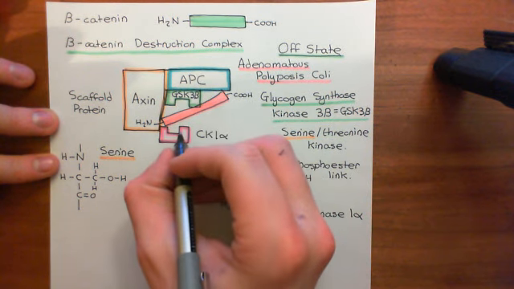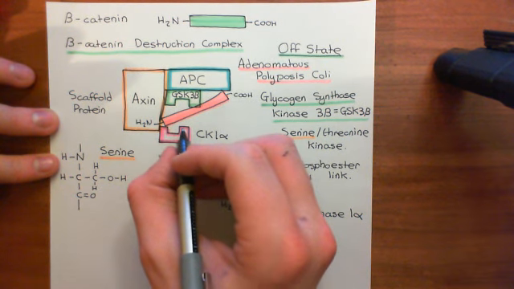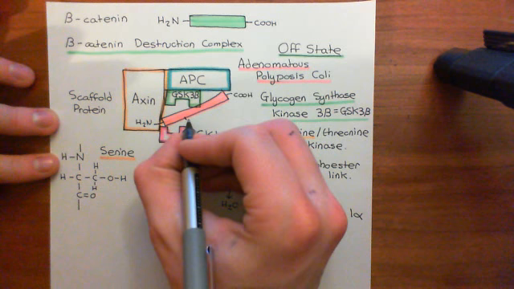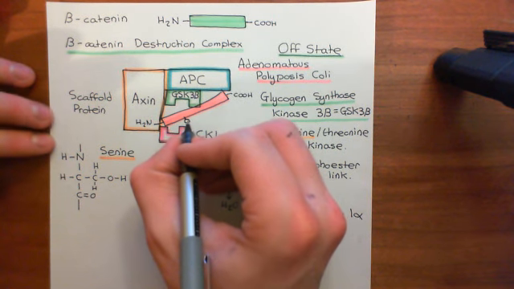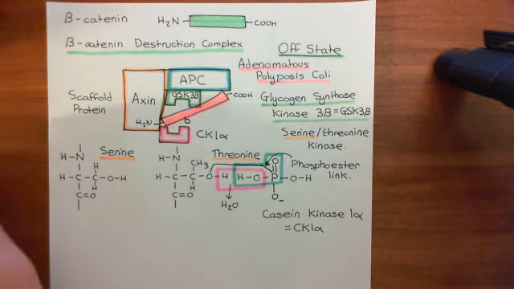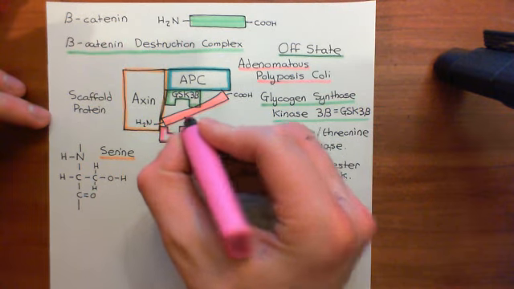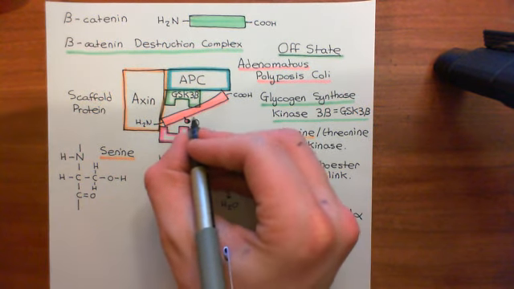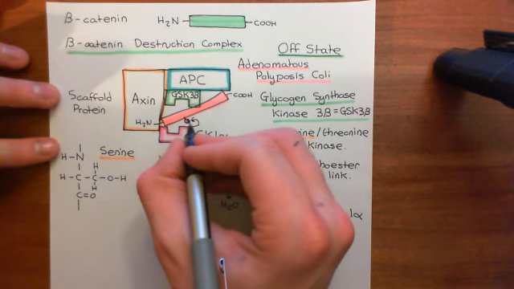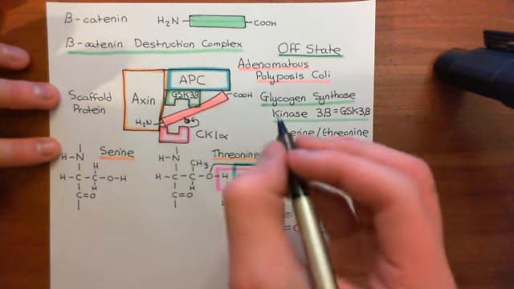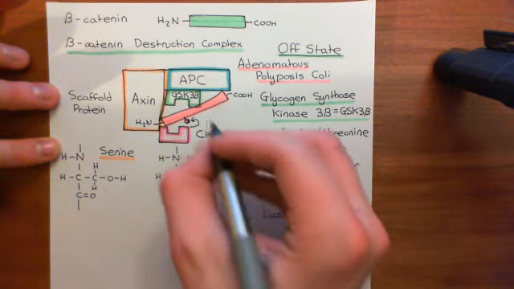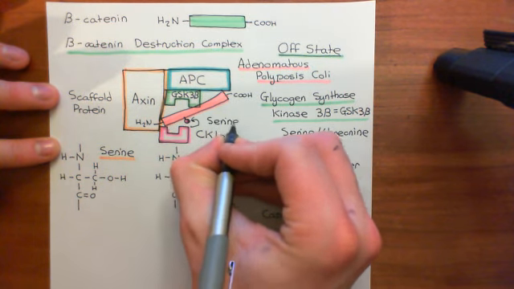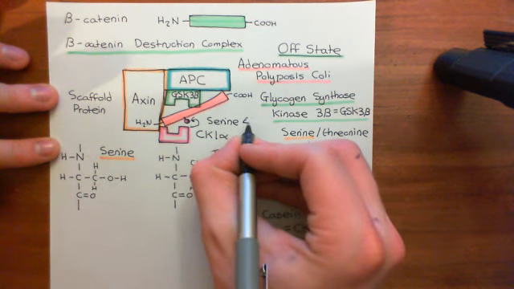So firstly, casein kinase 1 alpha is going to begin the phosphorylation. It's going to add a phosphate group onto the beta-catenin molecule. This is done by casein kinase 1 alpha, and this is important: the first phosphate group is always added on by casein kinase 1 alpha, and specifically we are going to phosphorylate a serine residue, and I even have the number for this, and this is quite important.